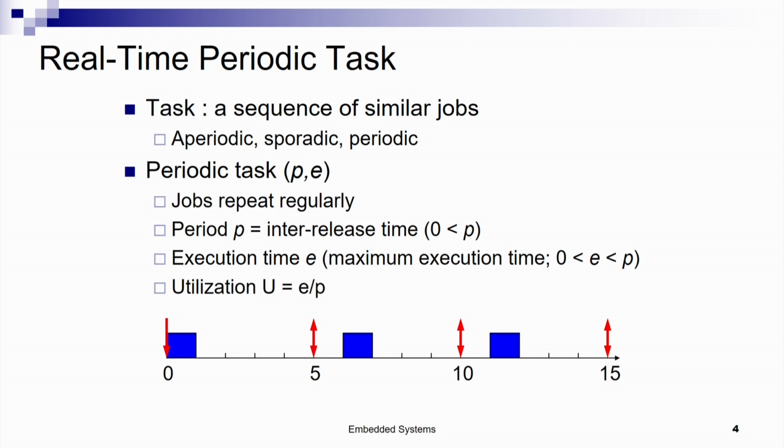Now, with these definitions, we now come to a few more characteristics of a task. An important characteristic of a task depends on the nature of the inter-arrival time of its jobs. Depending on the nature of the inter-arrival times of jobs, a task can be aperiodic, sporadic or periodic. A task is considered to be aperiodic if we have no idea about the inter-arrival times of consecutive jobs.